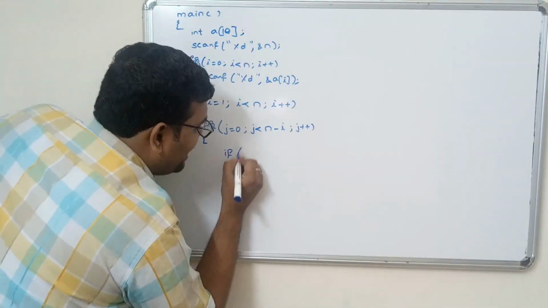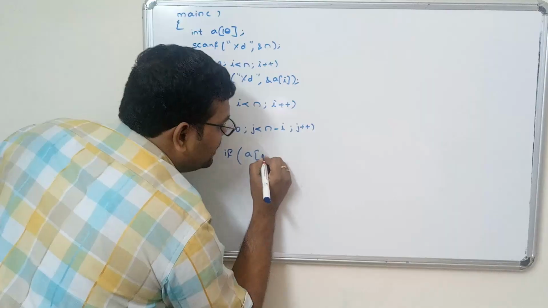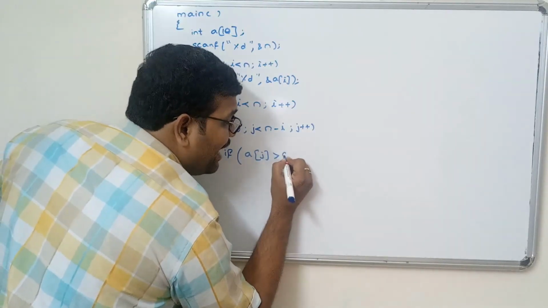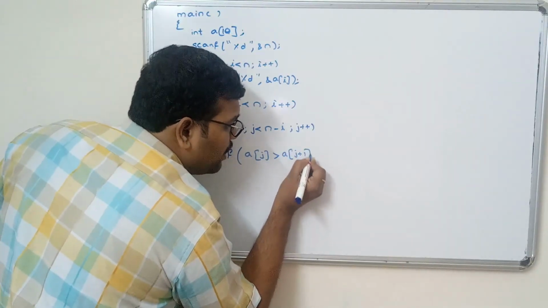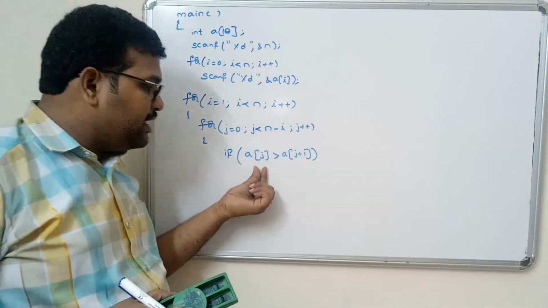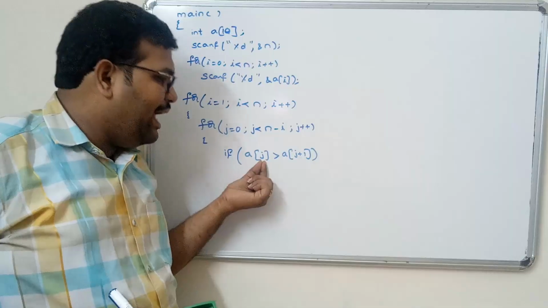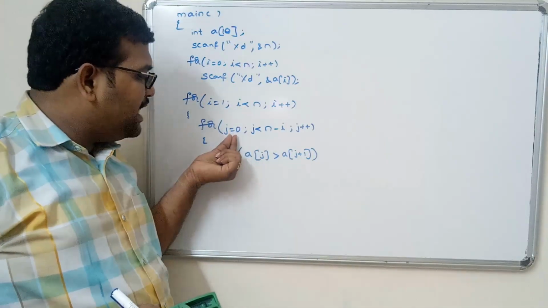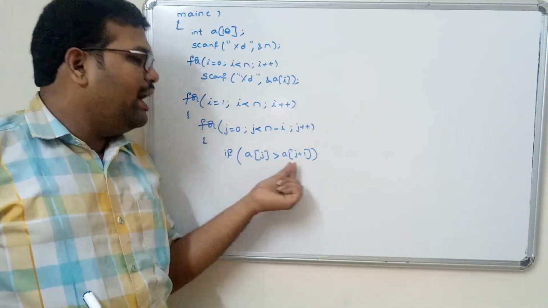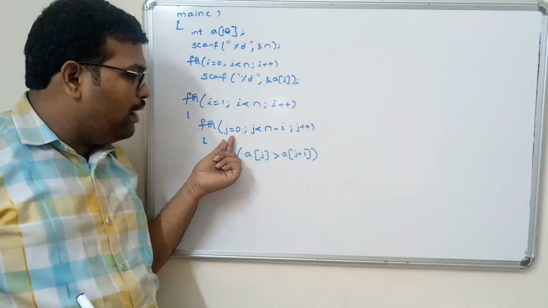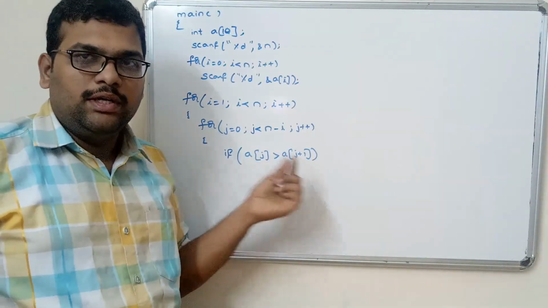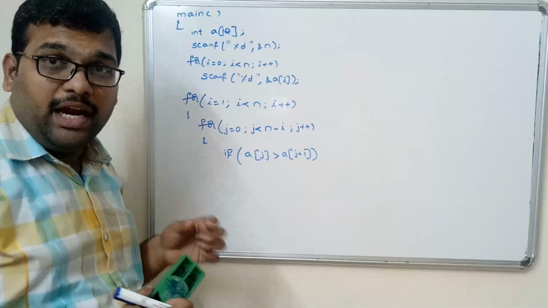Now compare each element, that is, if a of j is greater than a of j plus 1. So we compare the present element and the next element. If j is equal to 0, a of 0 and a of 1. If j is equal to 1, a of 1 and a of 2. So the immediate elements get compared.